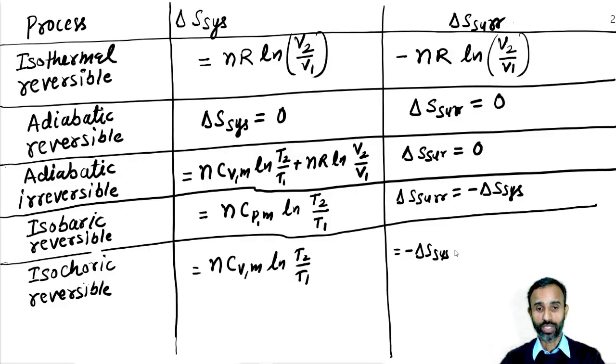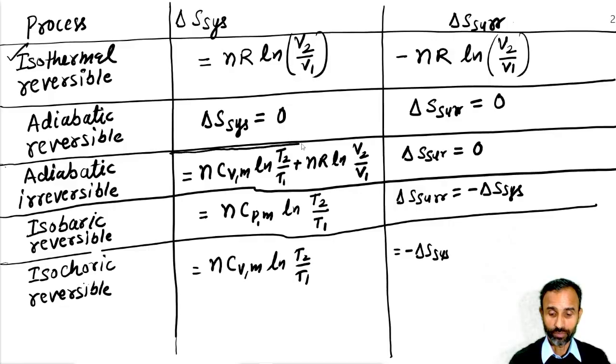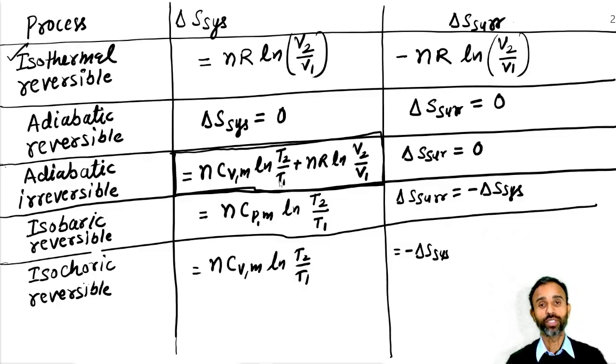Isothermal reversible, because isothermal means temperature is constant. So in that case it is nR. Actually you have to remember this equation. It covers both. So when temperature is constant, this part becomes 0.